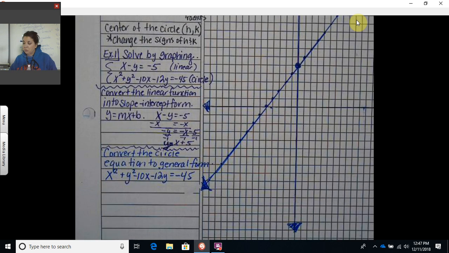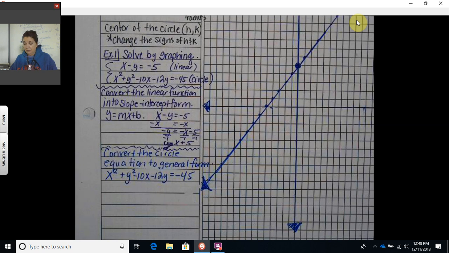We had x minus h quantity squared plus y minus k quantity squared equals r squared. Okay? That's not what form it is in right now. I'm going to show you how to do that. You need to know how to complete the square to be able to convert this to general form, but we know how to do that. So, yay. So what you do is, first of all, make sure your constant's on the right side. If it's not already, move it. In this case, our constant is on the right side. Okay, so we're good to go there.